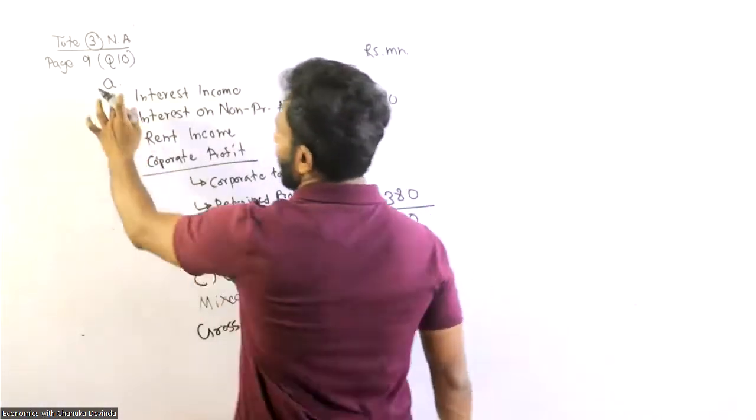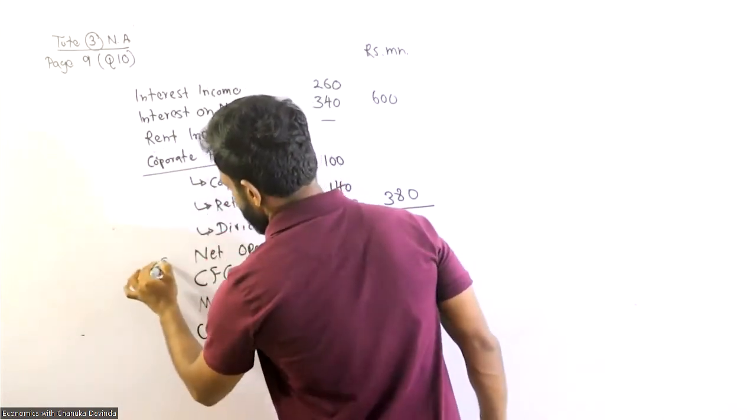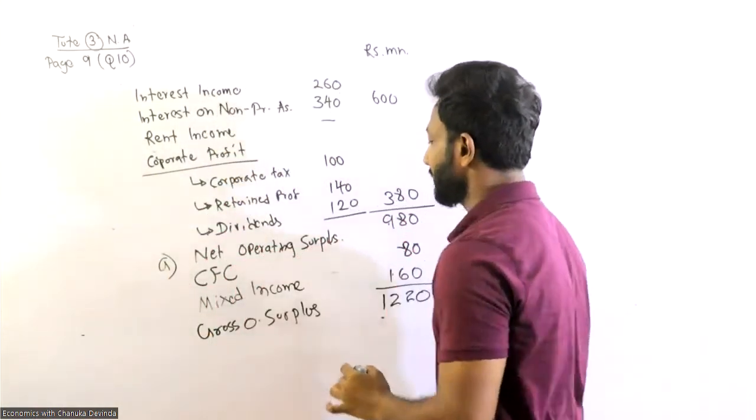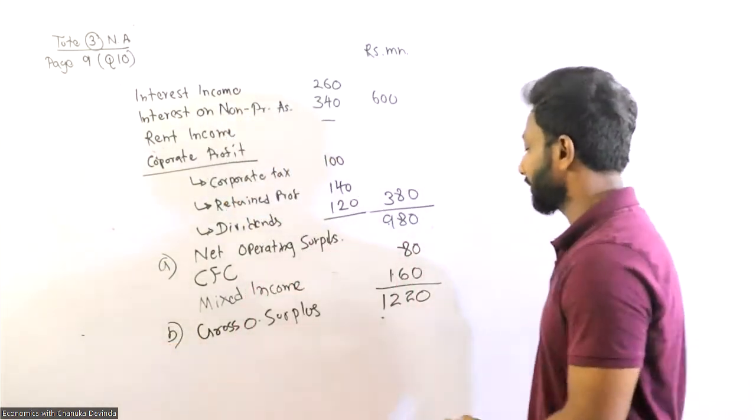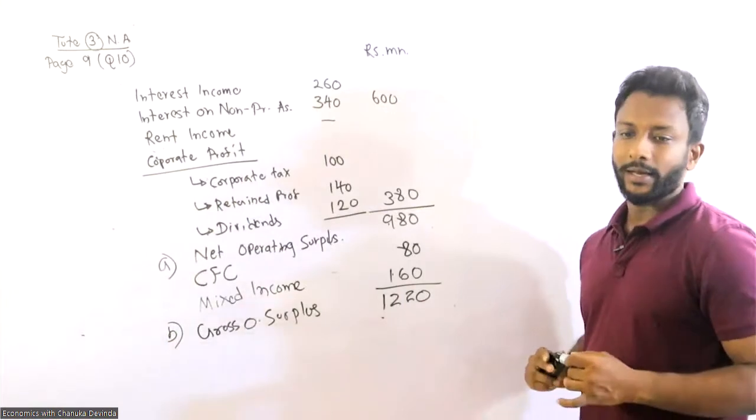So this is A. This is A, where you have to calculate net operating surplus. This is B, where you have to calculate gross operating surplus. So quickly write down this thing.